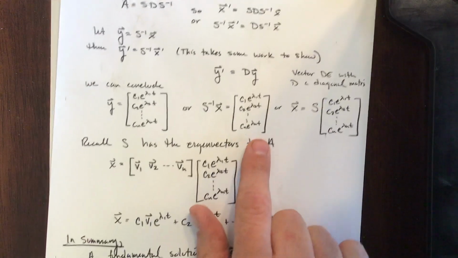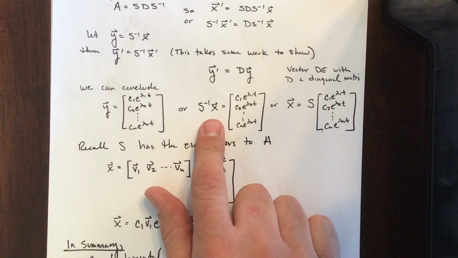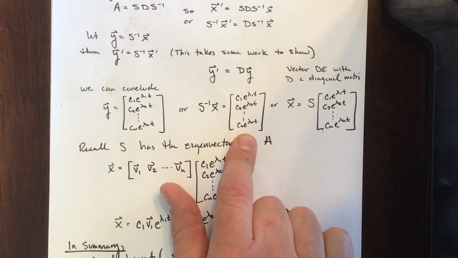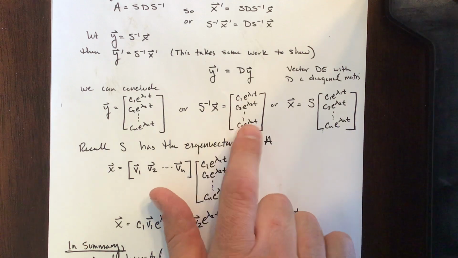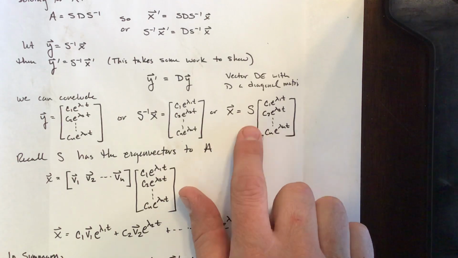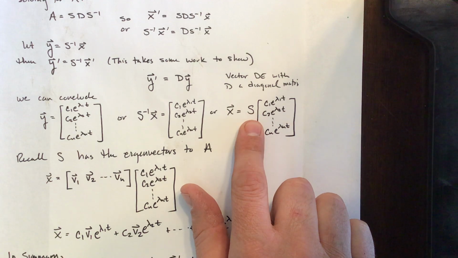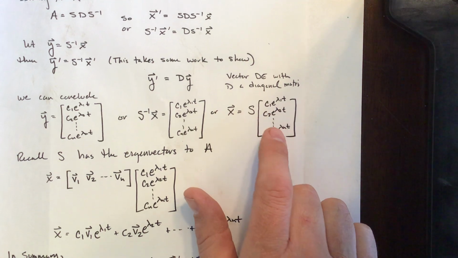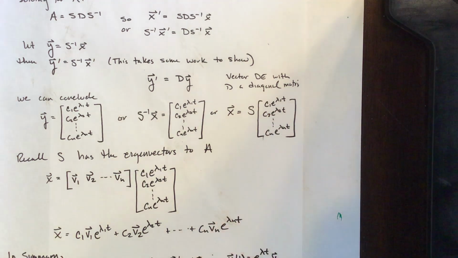So that means since y is S inverse x, S inverse x is equal to that. And if S inverse x is equal to this, then x, if you multiply by S on both sides, is equal to the n by n matrix of eigenvectors of A times c1 e to the lambda 1 t, c2 e to the lambda 2 t, cn e to the lambda n t.